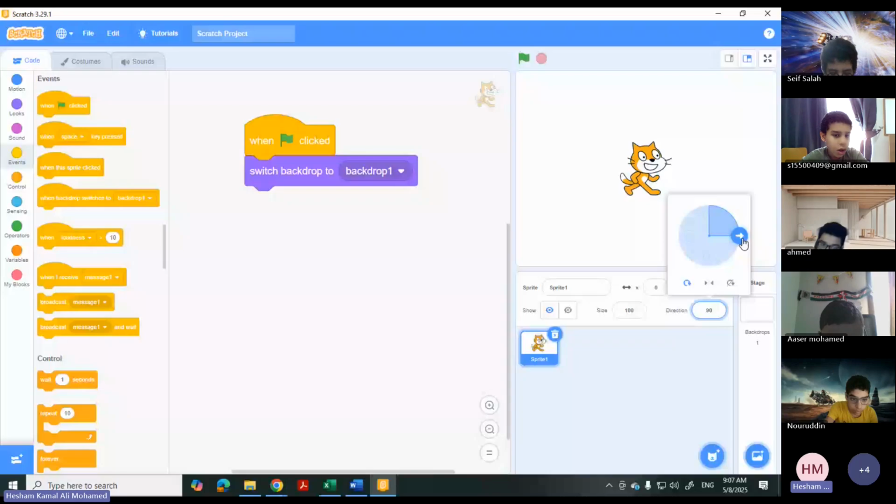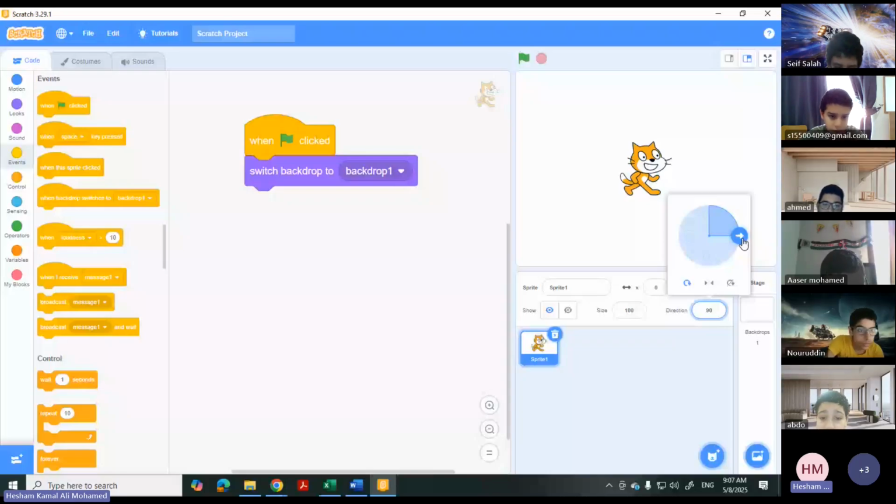But remember, in Scratch, this is 90. So it's different. The coordinates is something, and in Scratch, it's a different thing. In the coordinates, this arrow points to 0. But here in Scratch, this arrow points to 90.